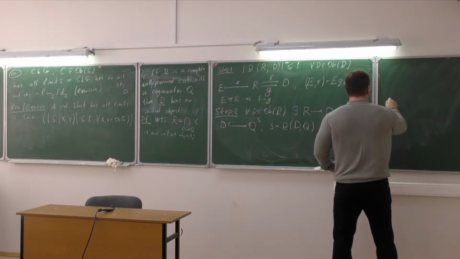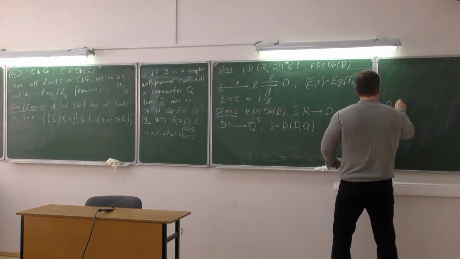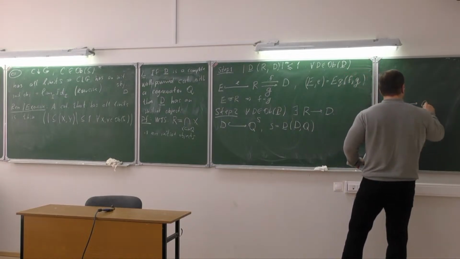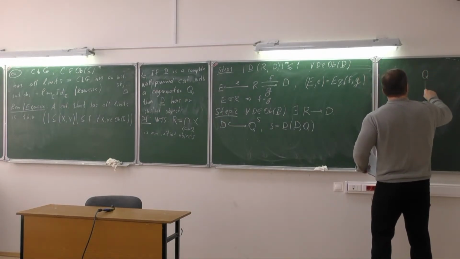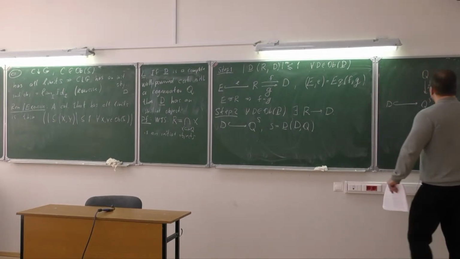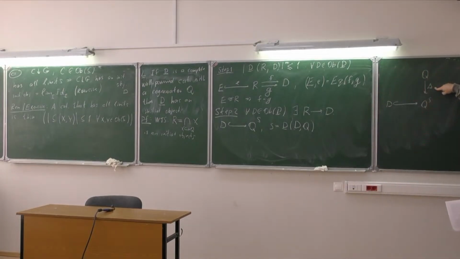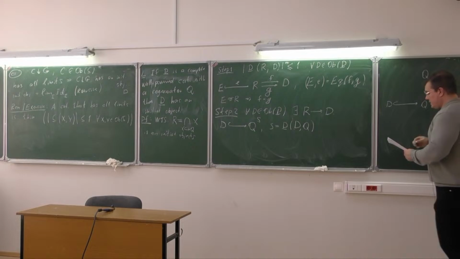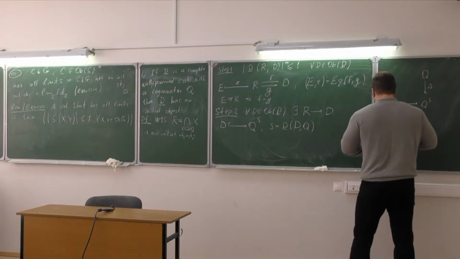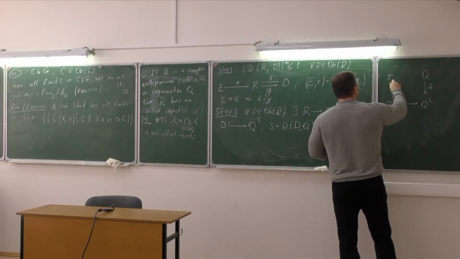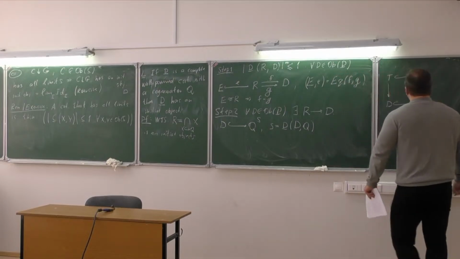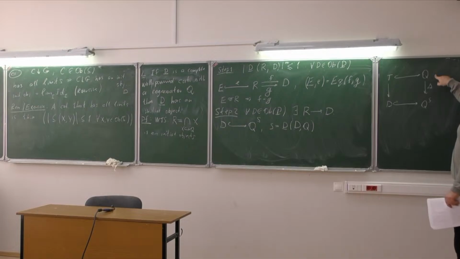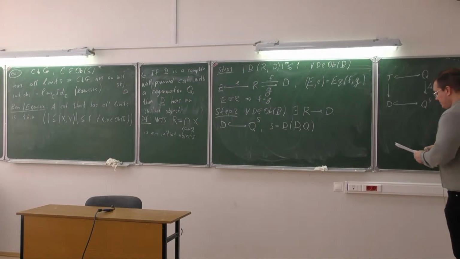So I have D, which is a sub-object in the Q to the S. Now I take Q, and from the Q, I have the canonical diagonal map delta from the Q to the Q to the S, and then I can take the pullback. So the pullback gives me some object T, which is by construction a sub-object in the cogenerator Q.